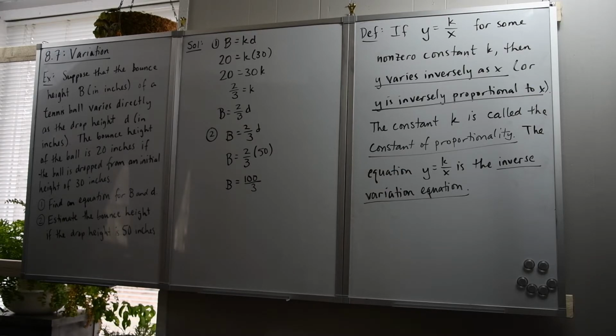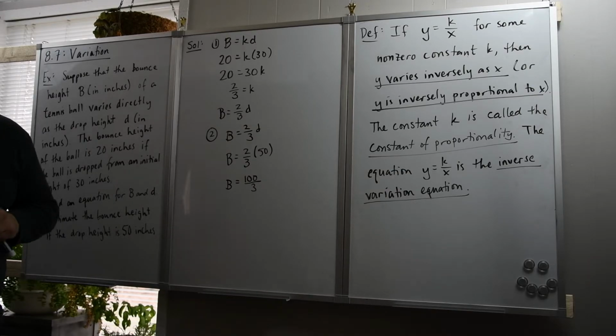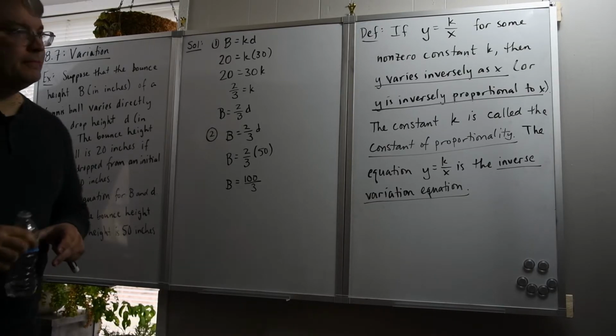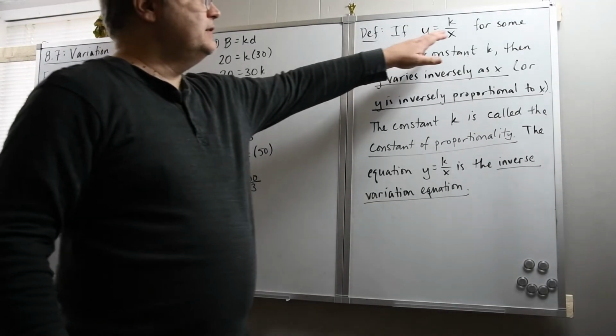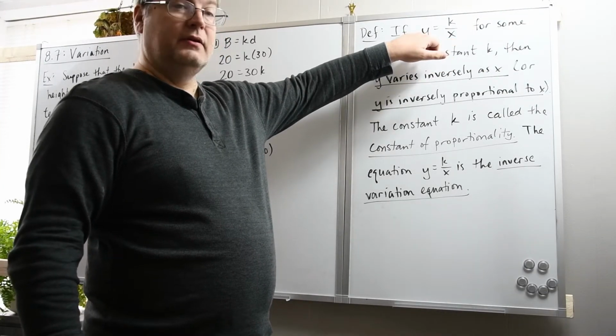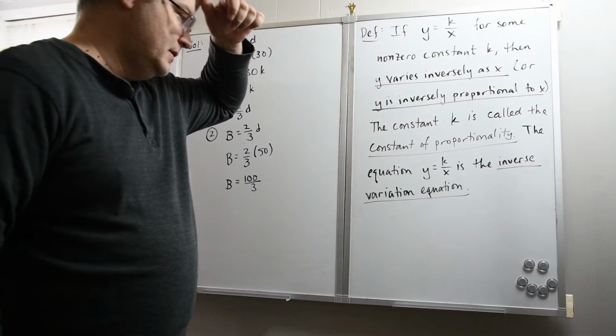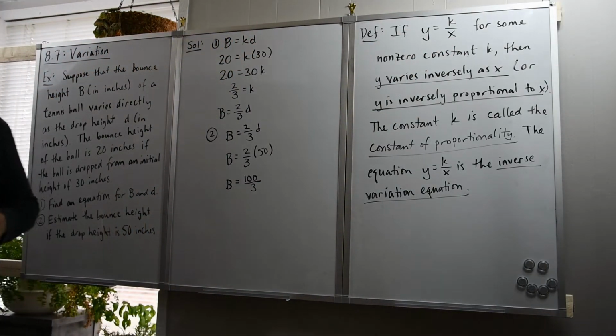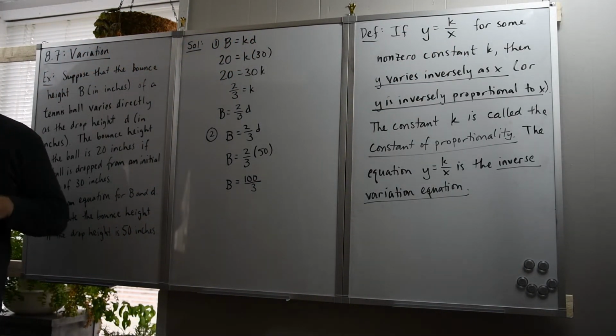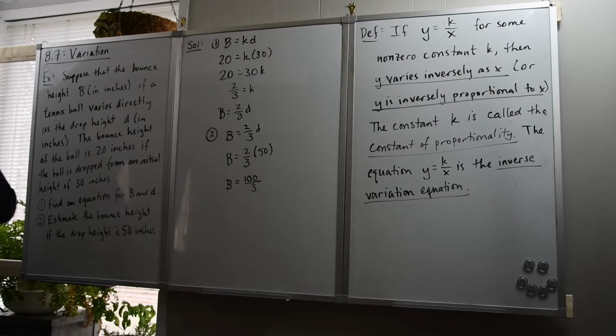Now, if you have some sort of positive constant k, then increasing x is actually going to mean that y decreases, while decreasing x would mean that y increases. So there's that inverse relationship between how x and y are going to behave.